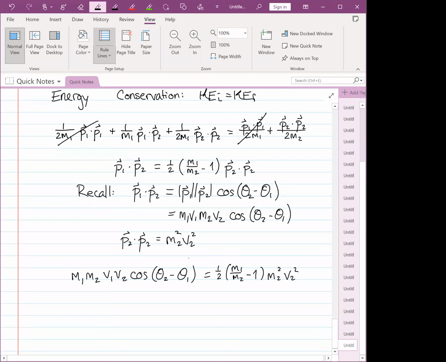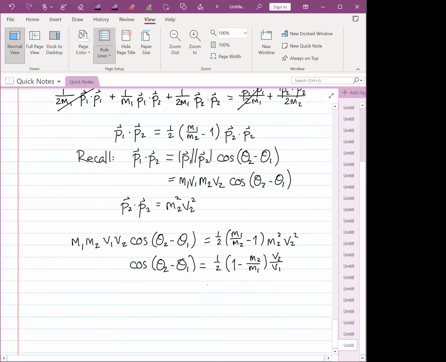All right. Do a whole bunch of algebra. We're just going to solve for cosine of θ2 minus θ1. And we're left with cosine of θ2 minus θ1 equals 1/2 (1 minus m2 over m1) times v2 divided by v1. So you're not expected to do this. This is just a nifty result.